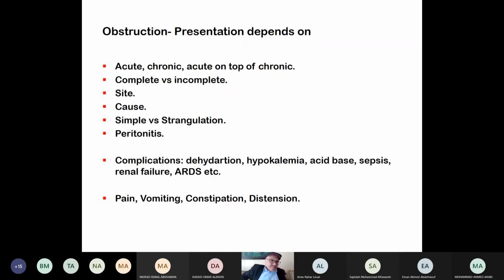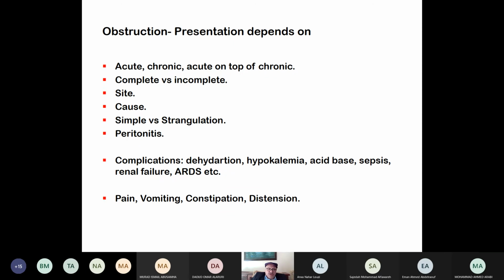So, when we say acute intestinal obstruction, we are talking about a very variable presentation or clinical scenario. From the causes that you have seen, we are talking about very much different things.